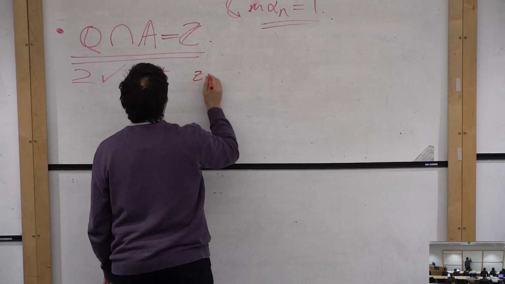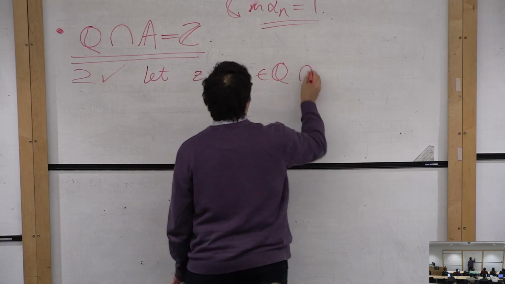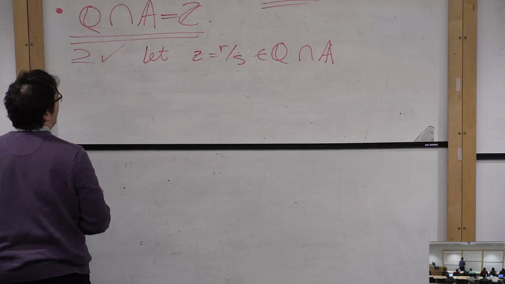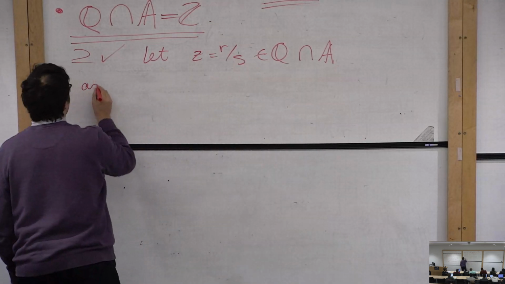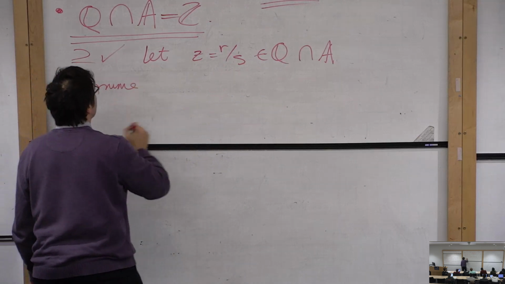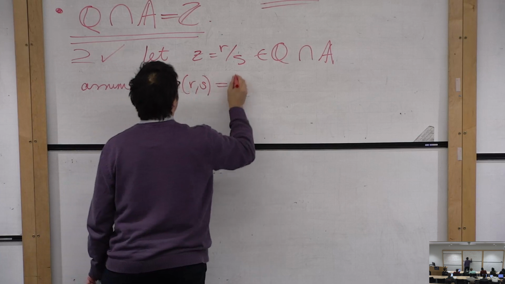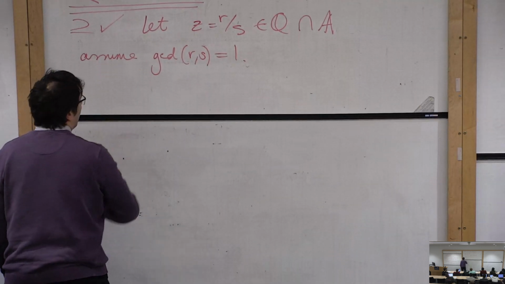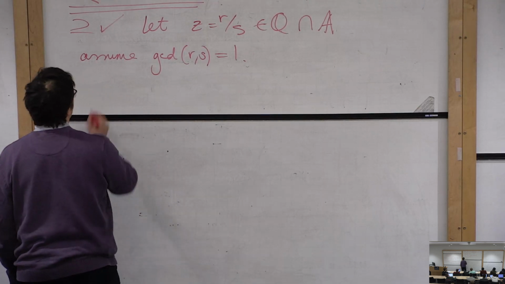Let z be a rational number. It's also an algebraic integer. And assume that r and s are coprime. Write down a monic polynomial equation with integer coefficients satisfied by z.